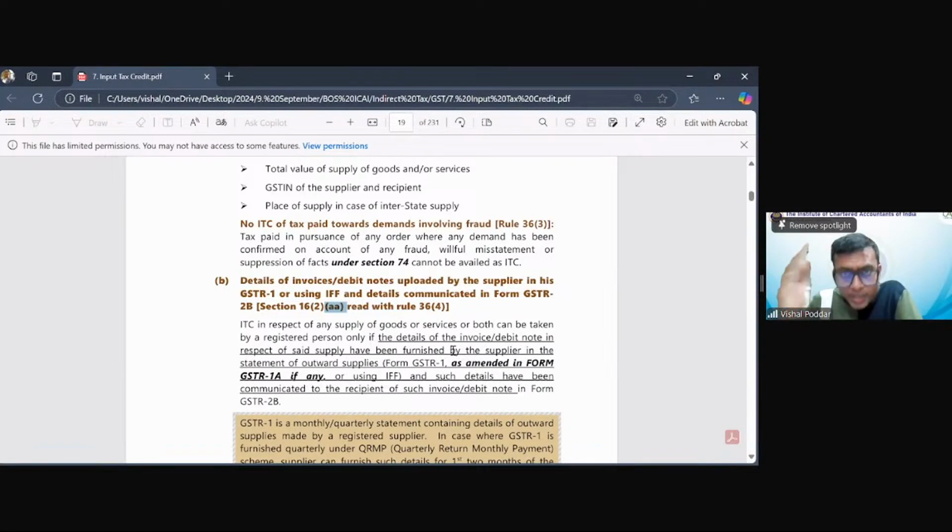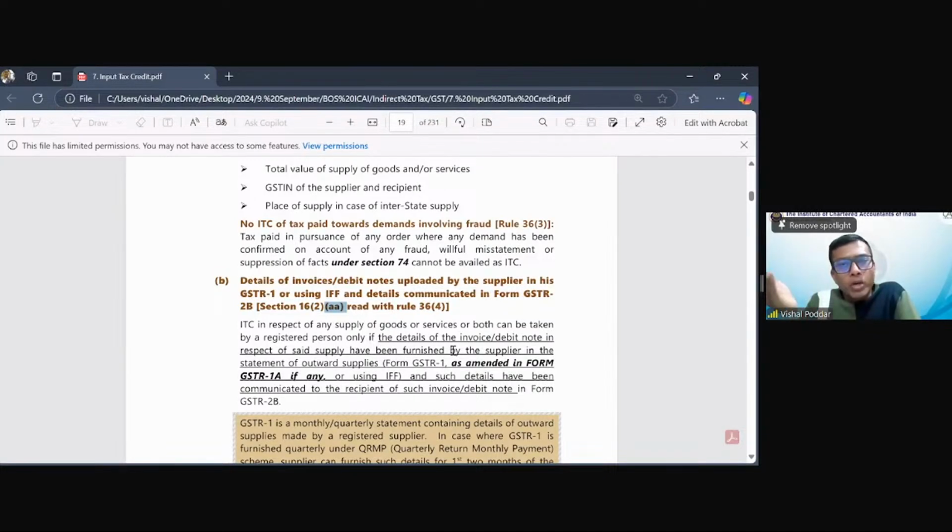When he shows his sales made to you and uploads his GSTR1, that amount will reflect in your GSTR2A, and you would be given the option of either accepting, rejecting, or modifying that particular entry.